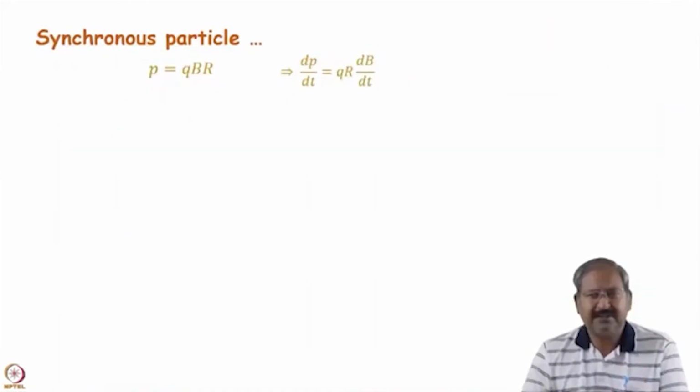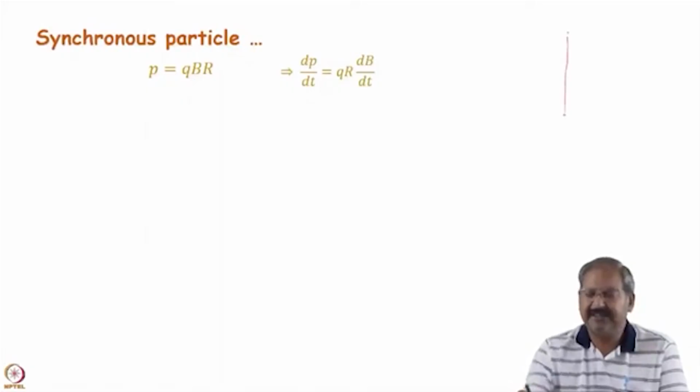Now, how does the synchrotron operate? Synchrotron operates on the basis that its orbit remains constant. In the cyclotron, as the energy was increasing, the orbit radius was increasing and the particle was making a spiral path.